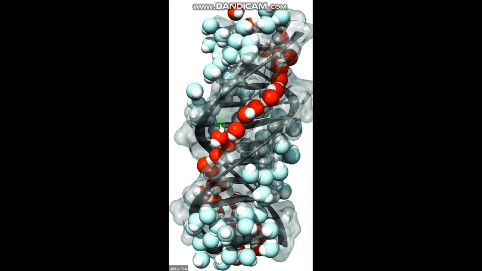And especially in the minor groove, the narrower one here, we saw that the water had to be very ordered, essentially forming this spine that runs all the way around the minor groove in order to meet the hydrogen bonding potential of the groups still exposed to the surface after the double helix has assembled.